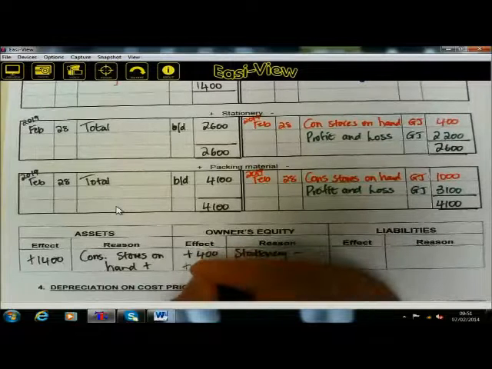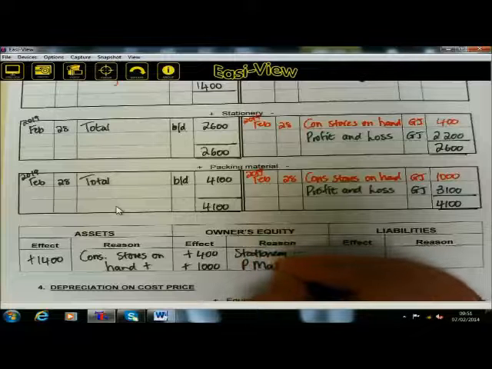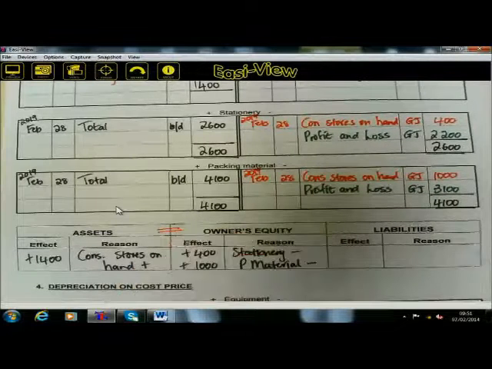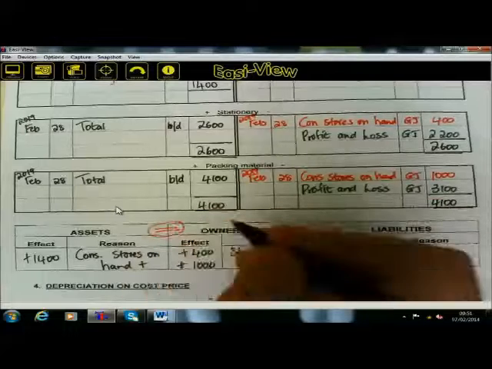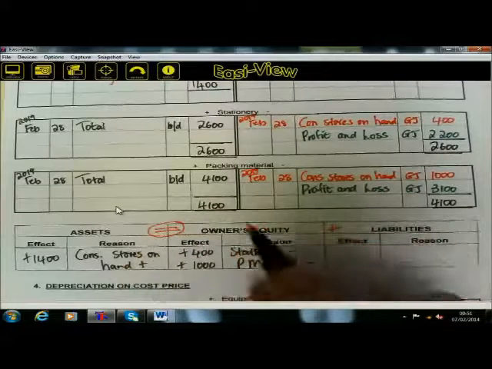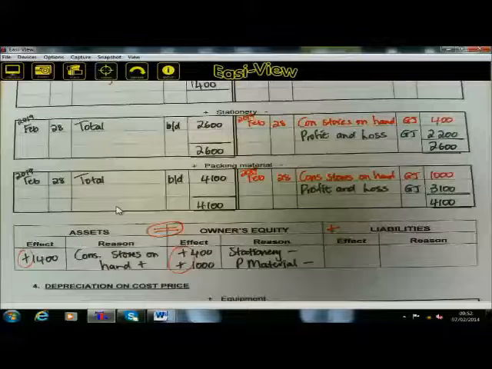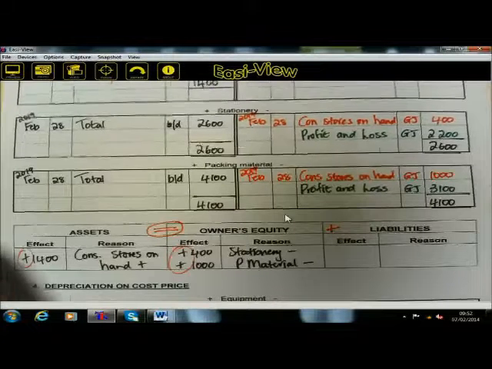So plus 1,000 rand there, because your packing material also become less. And then remember, there's a big equal sign there, and there's a plus there. This equal sign can help you to see that a plus on this side equals to a plus on that side. That was the third one there, consumable stores on hand.